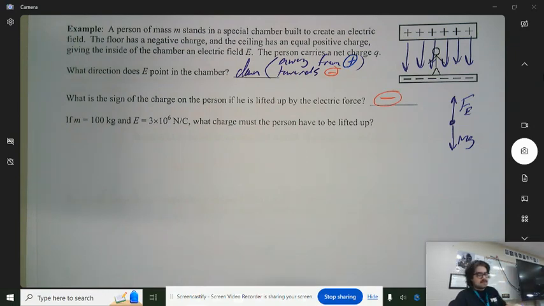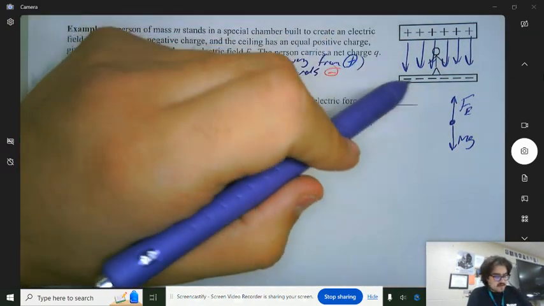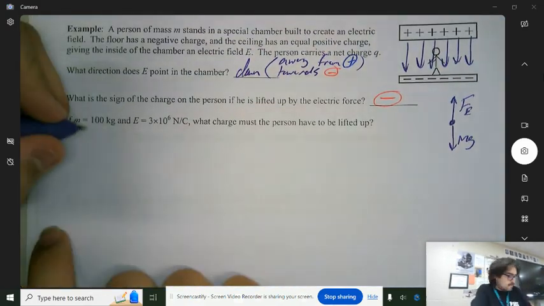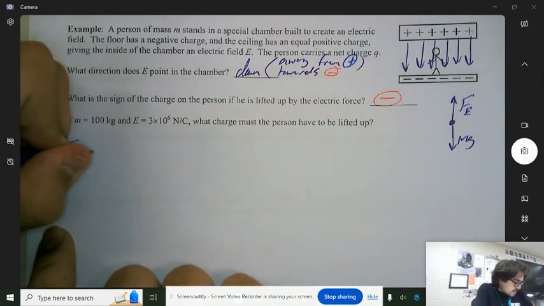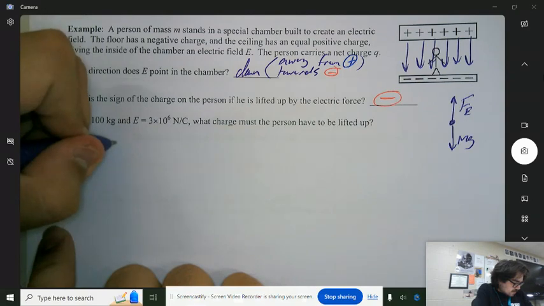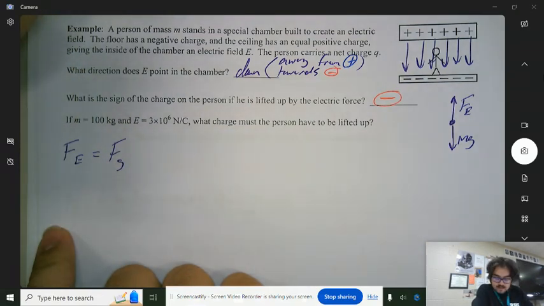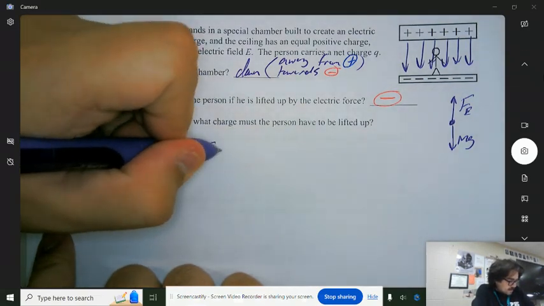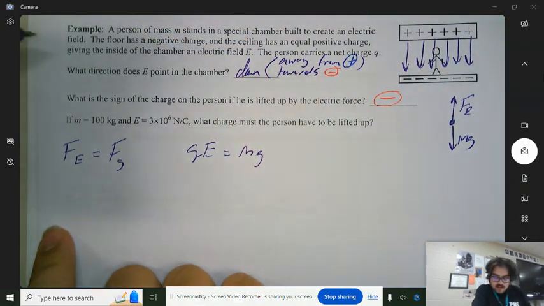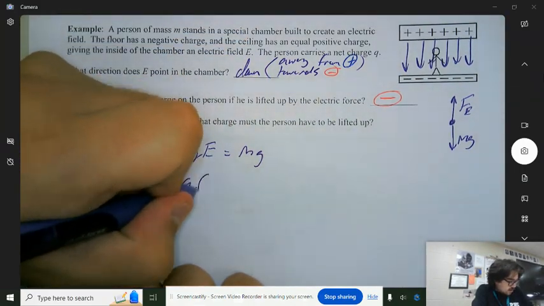But when he gets up to this point where he's at equilibrium and just floating, not going up or down, then these two forces balance each other out. So the electric force is equal to the gravitational force. So you would get QE is equal to mg, and then you plug everything in. We don't know the charge, that's what we're trying to find.